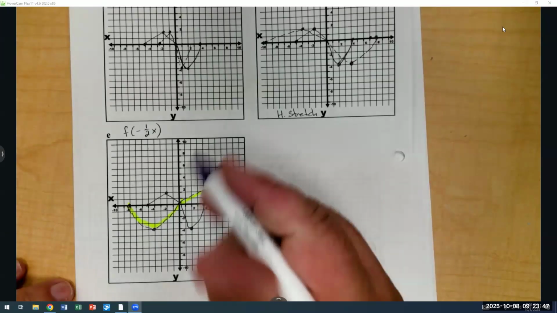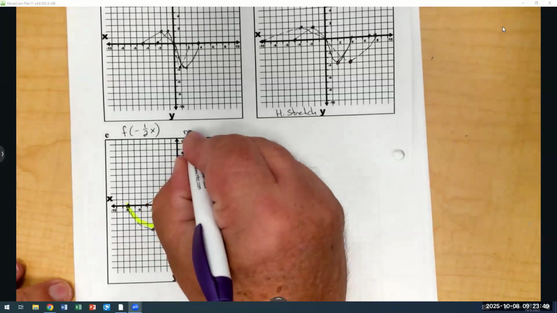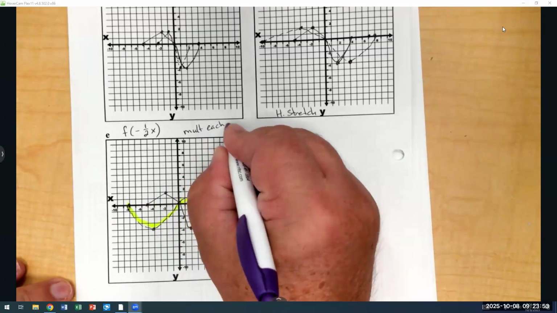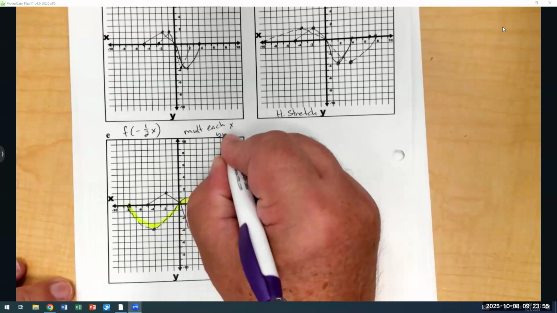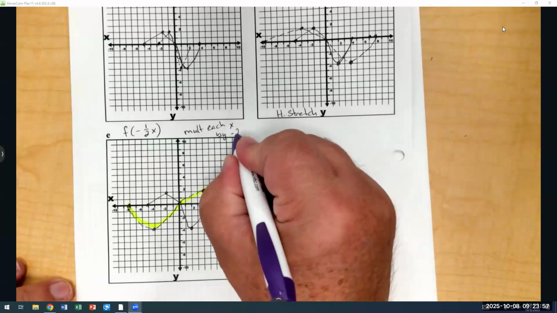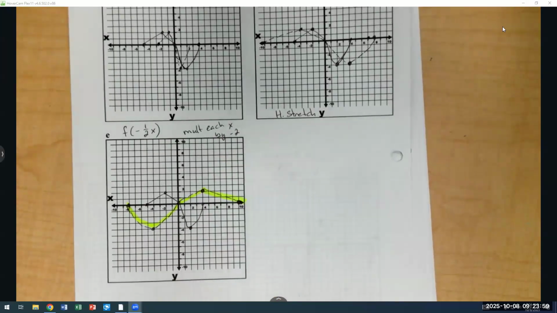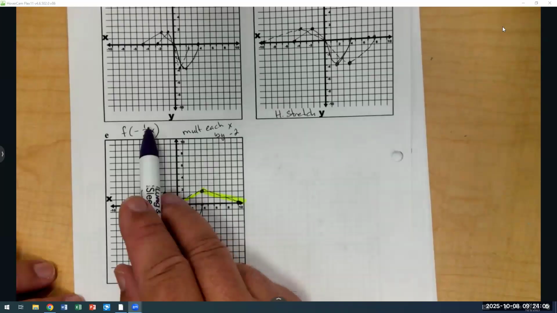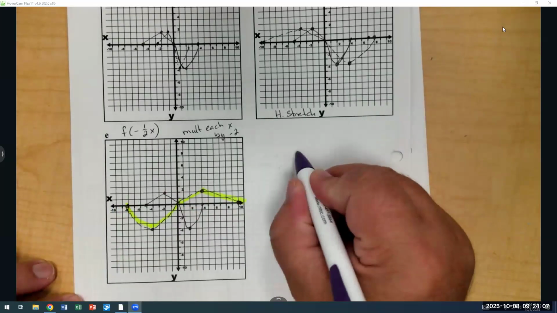All you do here is multiply each x by negative 2. Fortunately, it's 1/2. What if I gave you this?